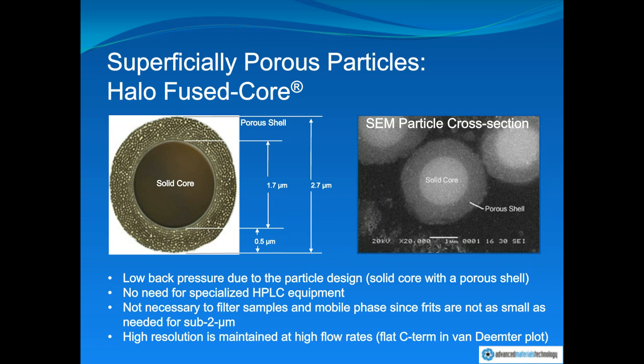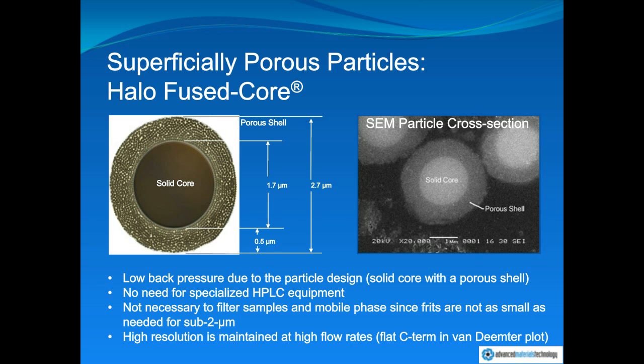Now, the logic behind the particle is that by having an impermeable solid core in the center of the particle, you reduce the diffusion path through which an analyte molecule needs to diffuse to enter and exit the porous structure of the chromatographic column packing material. So the geometry is in your favor.